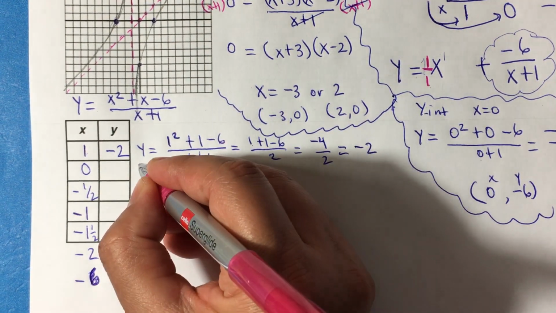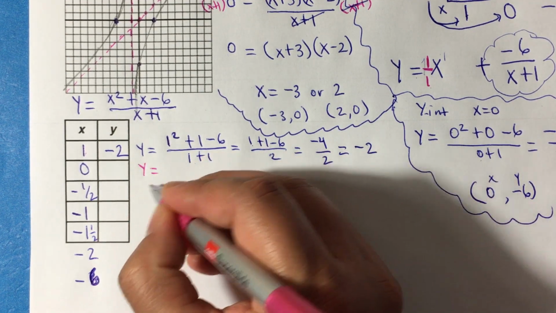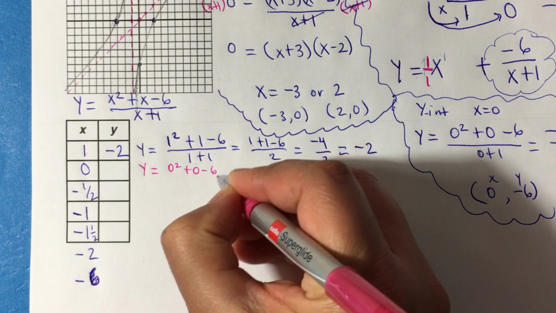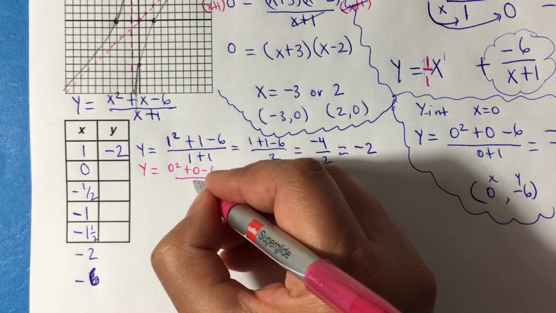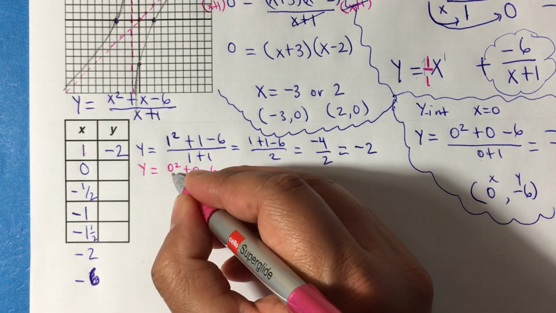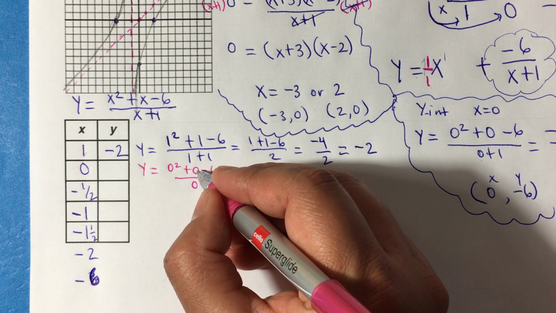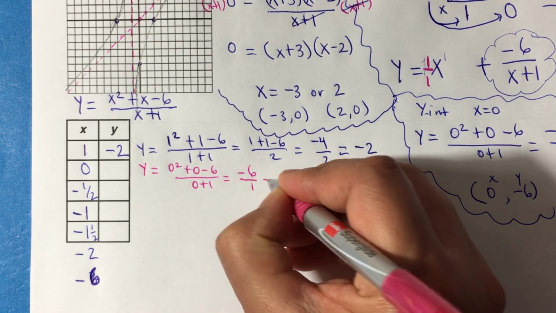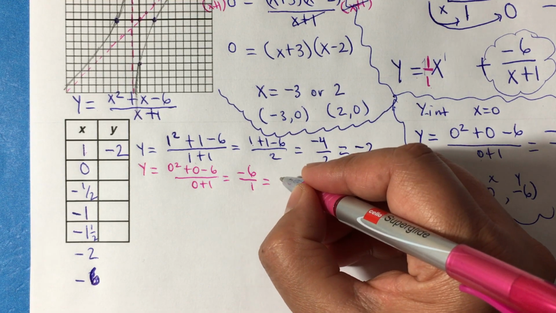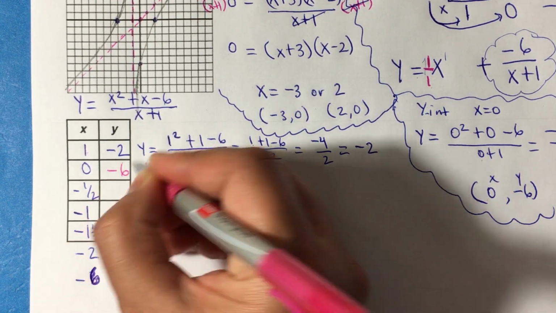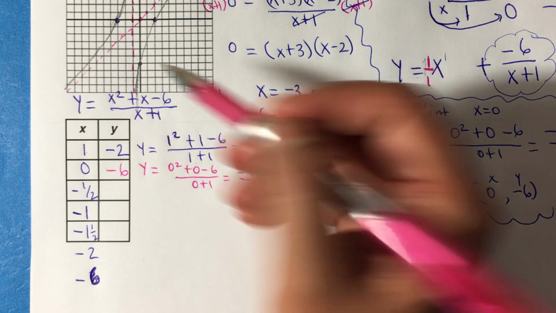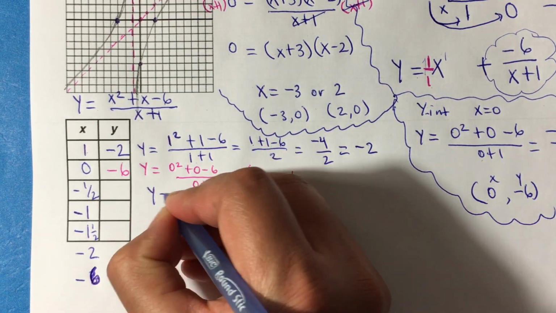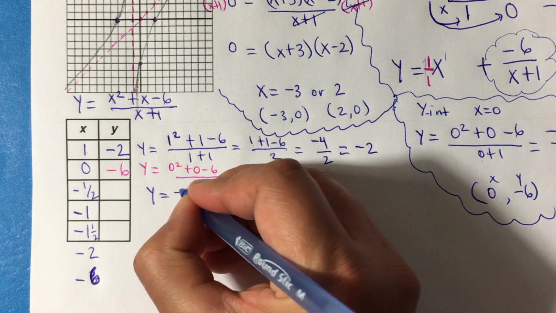And I'll just use a different color so that it doesn't get confusing. So 0, 0 squared, plus 0 minus 6, over 0 plus 1. 0 squared is 0, plus 0 is 0, minus 6 is negative 6. 0 plus 1 is 1, and negative 6 divided by 1 is negative 6. We had that one already, 0, negative 6. For the next one, negative 1/2 squared.